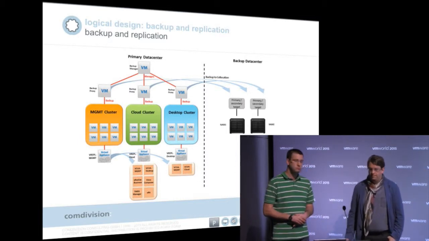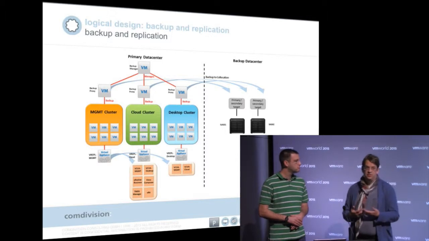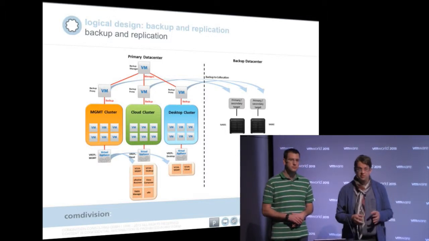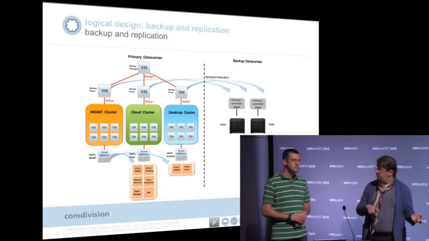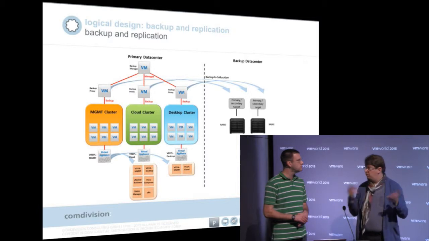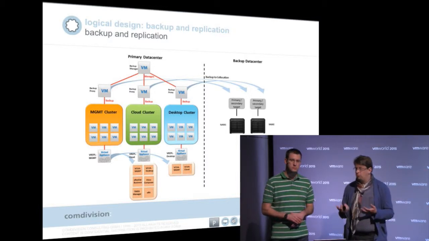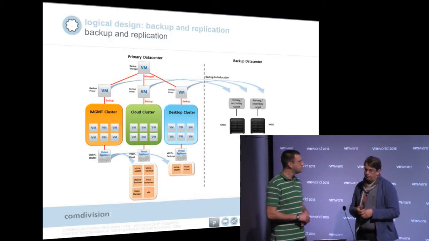Ideally, that's why we use not SQL clusters but SQL availability groups and the like. We can just take backups of the VMs. So on top of vSphere replication, we just use Veeam or VDP or whatever else to back up our virtual machines, and then we are good to go. Okay? Right. All right. Great.